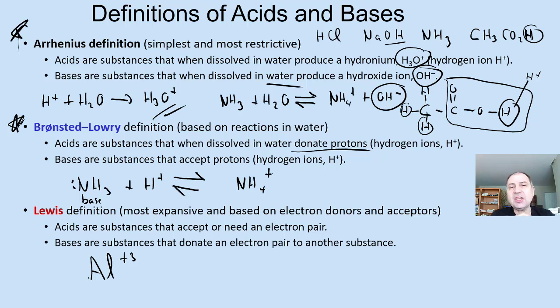So metals that are highly charged, usually transition metals, never the alkaline earth or the alkaline metals, are Lewis acids, and they have to have empty orbitals to accept a lone pair of electrons. So aluminum has plenty of orbitals, and so it can accept electron density even from things like water. So water will actually act as a base, but it doesn't come apart. It doesn't produce hydroxide ions, and it doesn't produce hydronium ions either, not necessarily. It gets a little trickier.